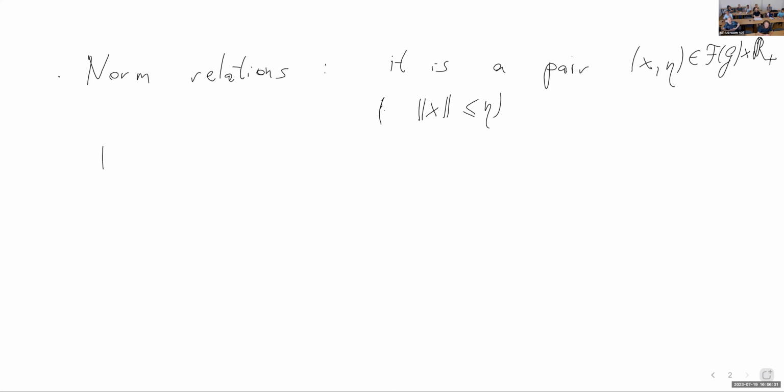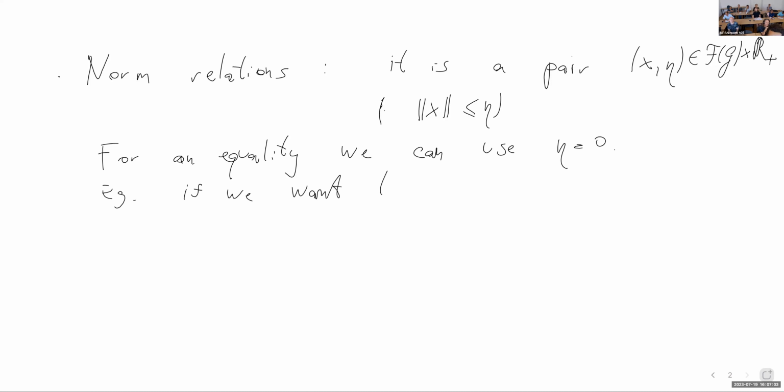So for equalities, we use r equals 0. For instance, if you want to say that a certain element is a projection, you just add two relations.